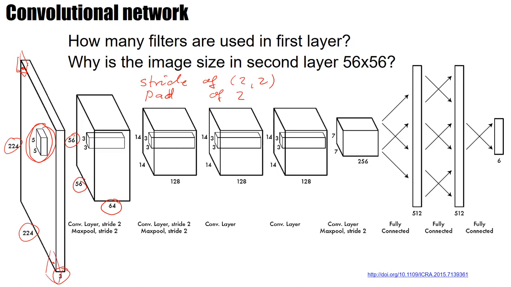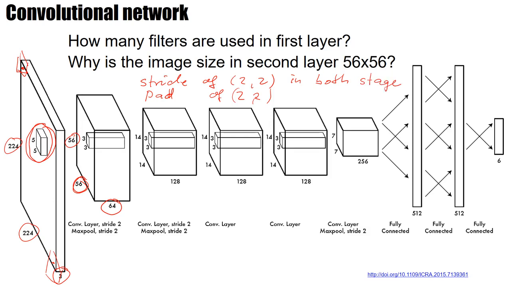And 224 divided by 4, the 4 now comes from a stride of 2 in both stages, the convolutional stage and the MaxPooling stage.